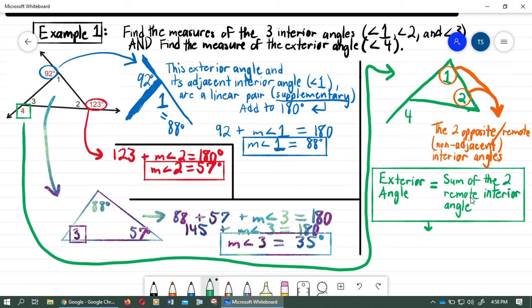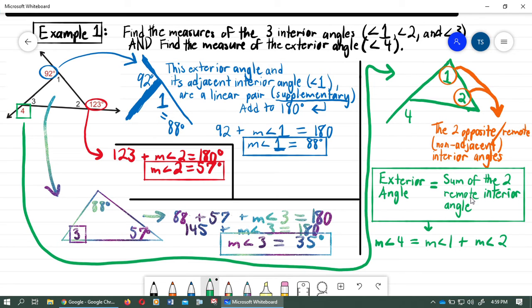So if we write out an equation based on that, the measure of angle 4 is equal to the measure of angle 1 plus the measure of angle 2. This is still using angle addition, but not in exactly the same context as when we first looked at the angle addition postulate.